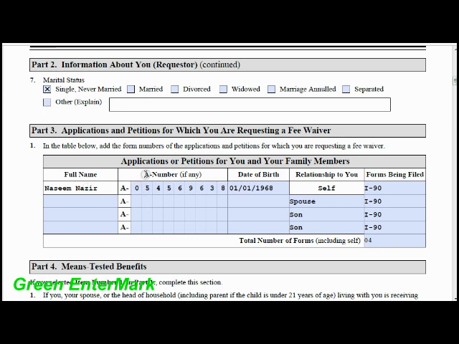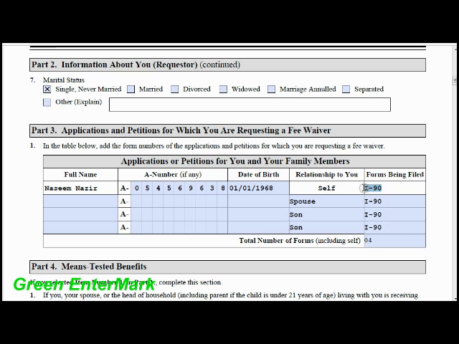Then in the second column, your A number, alien registration number. Then third is date of birth, and the fourth column is the relationship with you. On the first row you have to mention yourself, it's already mentioned. And the fifth column is where you mention the form number for which you are submitting this fee waiver.